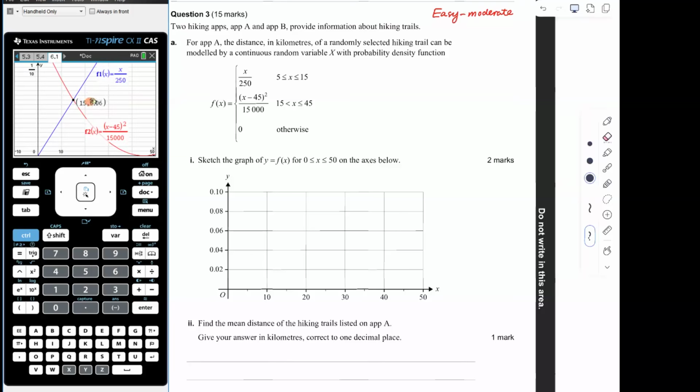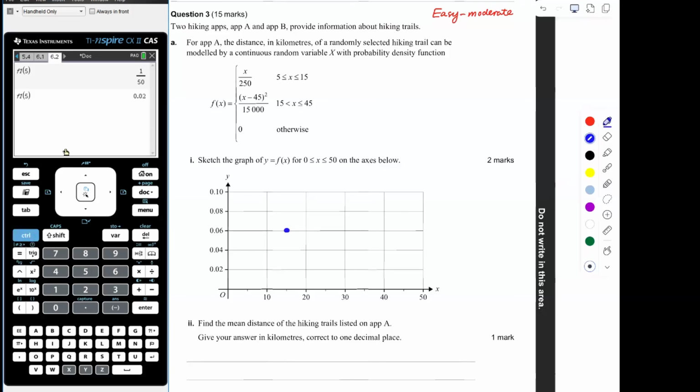So this is one joint you have to be aware of. Over there. And when x equals 5, this is 0.02. Let's try f1 of 5. Yep, 0.02. So at 5, I'll get a straight line segment here.